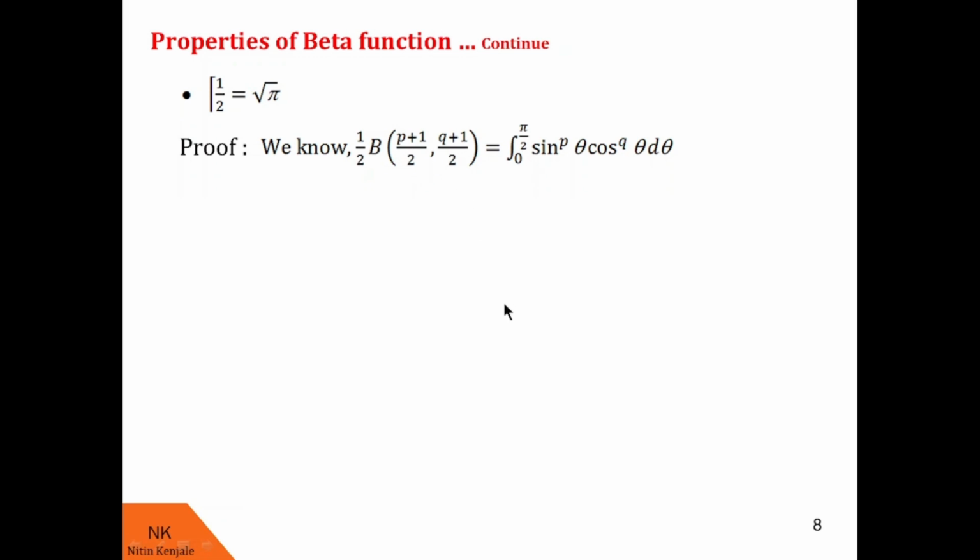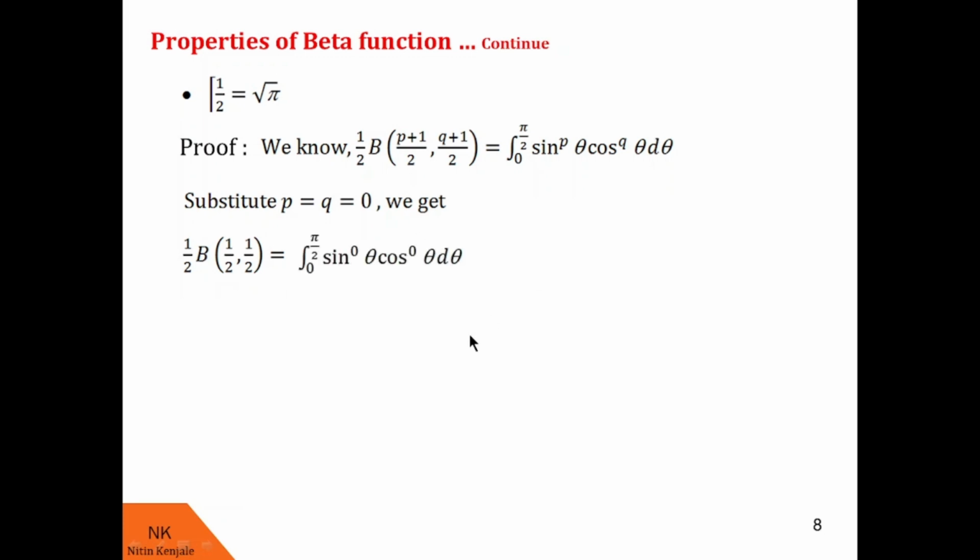In this statement, we will put p and q both equal to 0. So let us see what will happen when we substitute p and q is equal to 0. This LHS becomes half beta of half comma half, whereas RHS becomes integral of sine raised to 0 theta into cos raised to 0 theta d theta over the limit 0 to pi by 2.